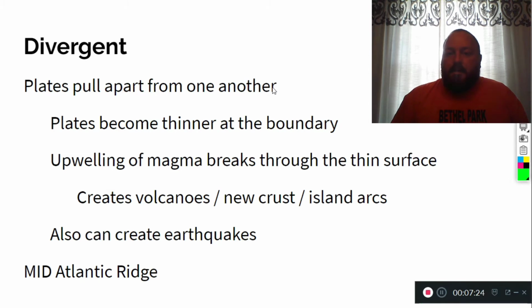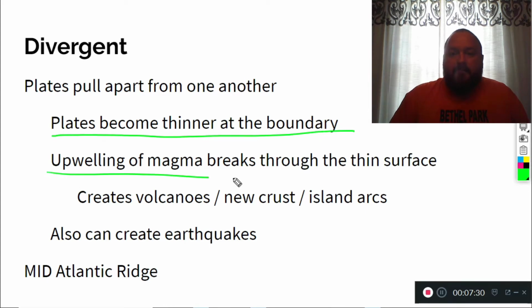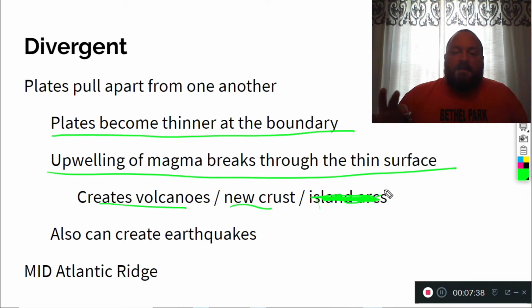That would be your description part. Your explain part then would be that the plates become thinner at the boundary. Upwelling of magma is going to break through the thin surface. That's going to create underwater volcanoes, new crust. And I'm not going to put island arcs here because that's not true with this. So it's just going to create volcanoes and new crust. It's also going to have the potential to cause earthquakes.